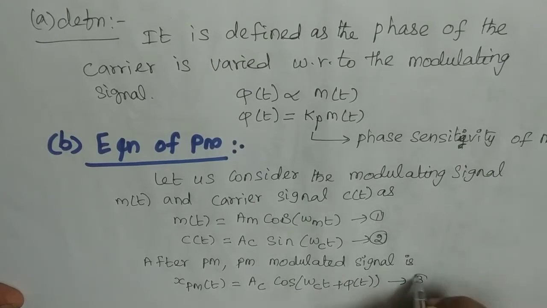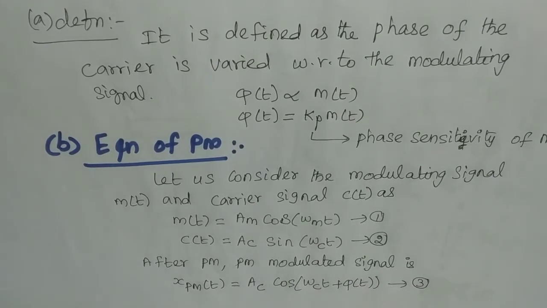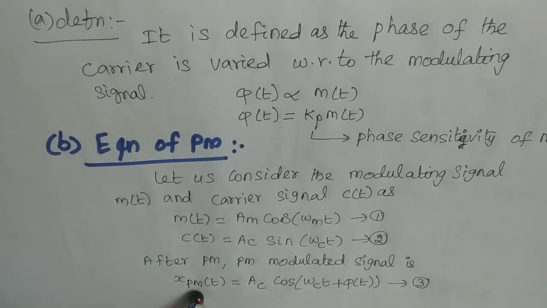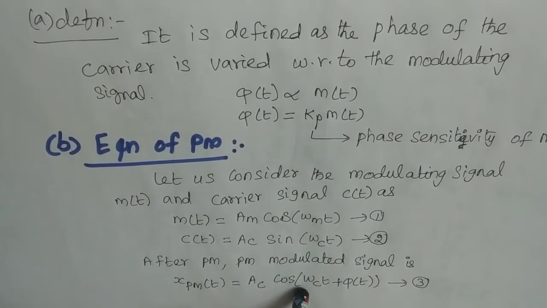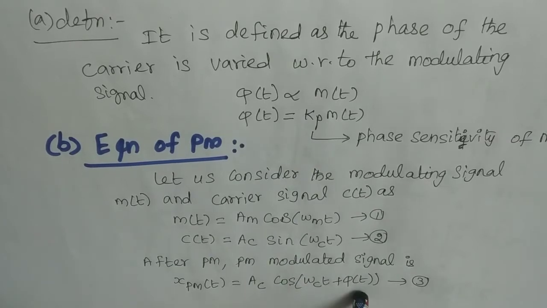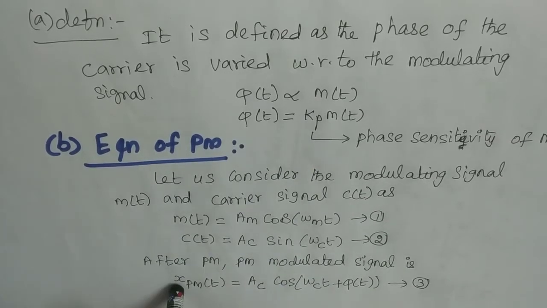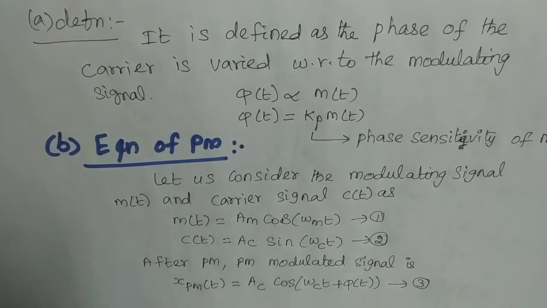So this is the phase modulated signal equation after phase modulation. Instead of x of t, we can use y of t.